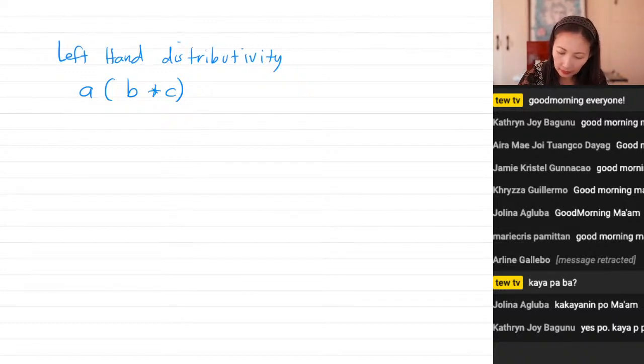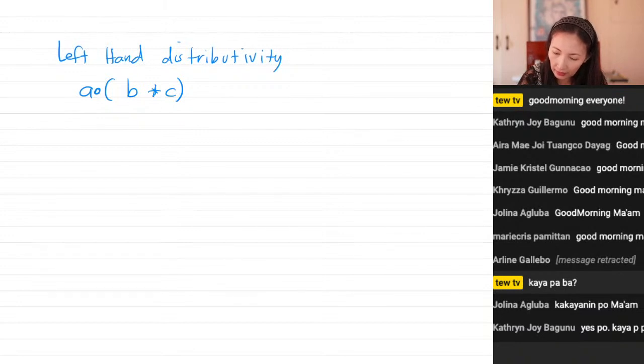And that is left and right hand distributivity. For the right hand, we use star and circle, because we are talking about the operations star and circle.